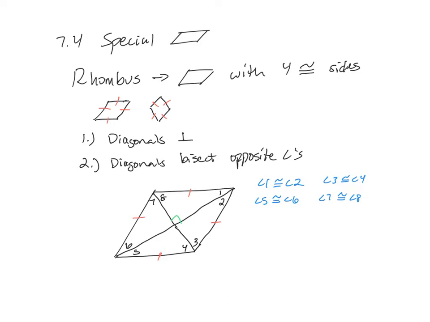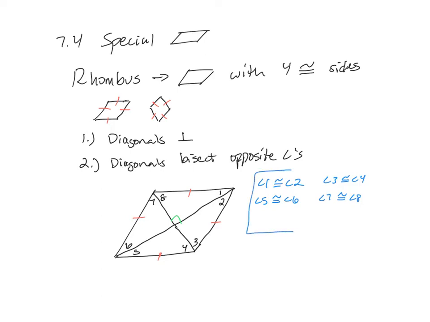They bisect those angles. Now I grouped these together for a reason. If it's a parallelogram, opposite angles are congruent. So whatever that angle is, like 1 and 2 combined, 60 degrees, whatever, well, 5 and 6 combined are the same thing.